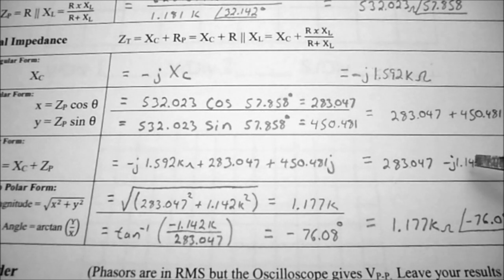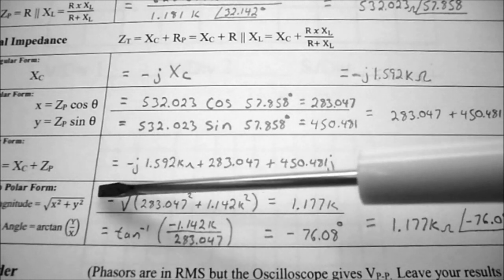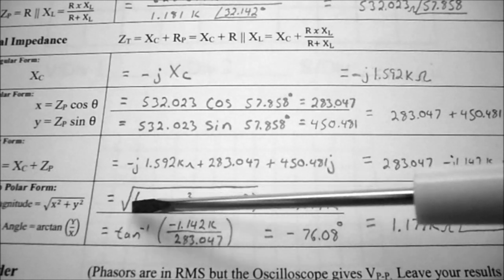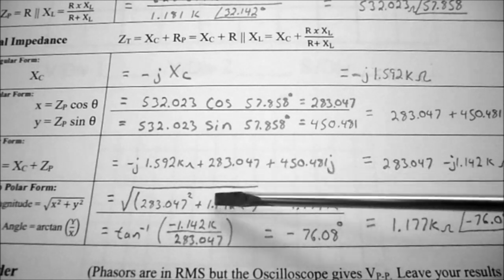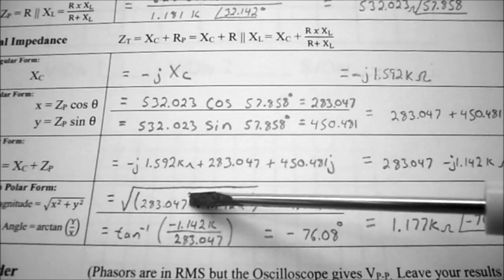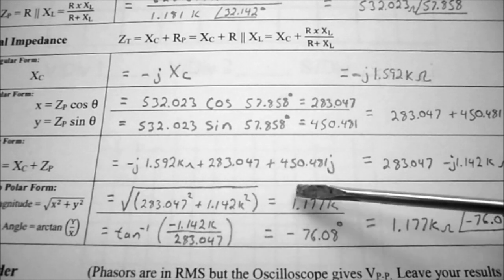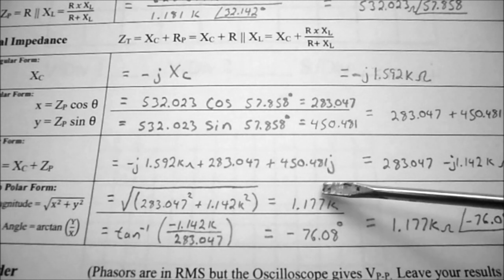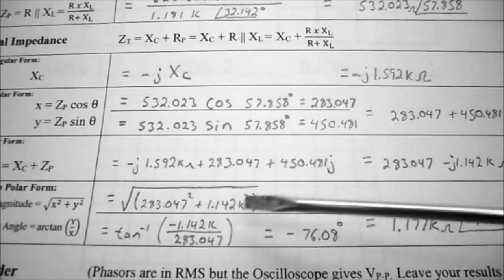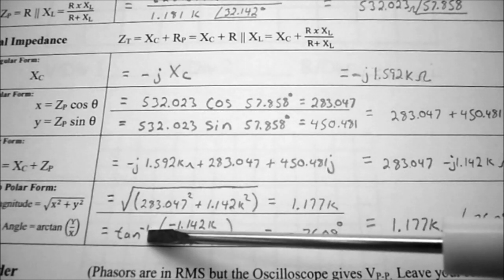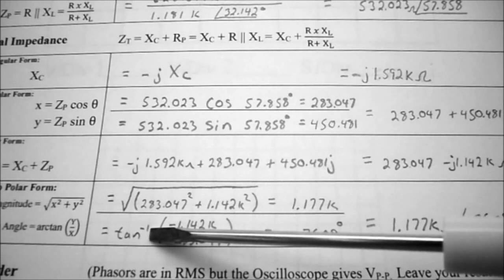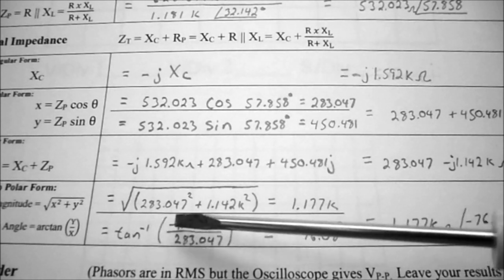So now we have to convert this back to the polar form. So the magnitude is equal to the square root of the real part squared plus the imaginary part squared. And that is equal to 1.177k. And then to get the angle, we take the arctan, or on your calculator, it'll be tan minus 1.